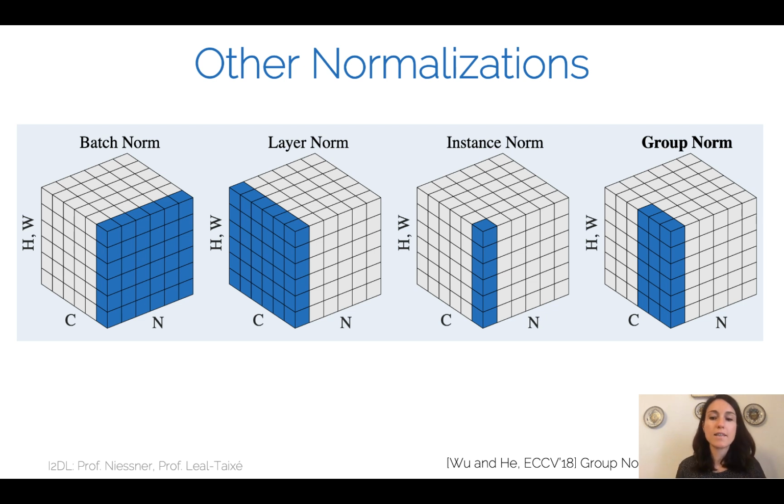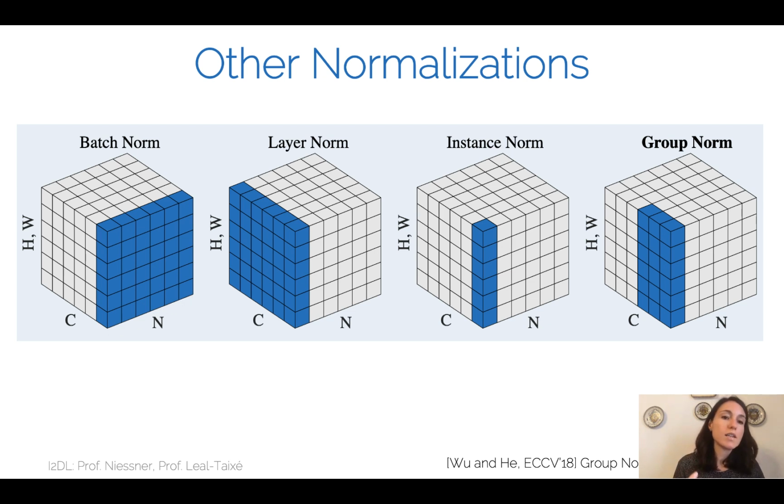So here's a nice depiction that appears in the group normalization paper. Here we have our feature map during batch normalization. Our feature map contains the spatial sizes H and W, the number of channels, and the number of training samples.